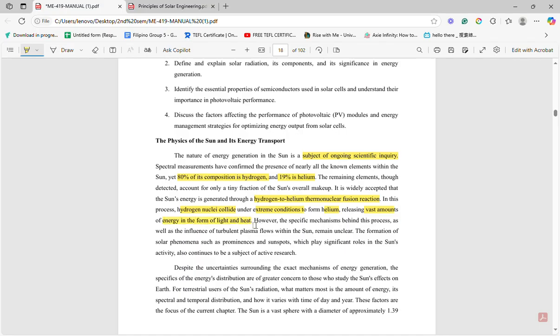And the formation of solar phenomena such as prominences and sunspots, which play significant roles in the sun's activity, also continues to be a subject of active research. So yun nga, we knew that for us to have that solar energy, the sun is having a nuclear fusion from its hydrogen and helium chemical makeup.